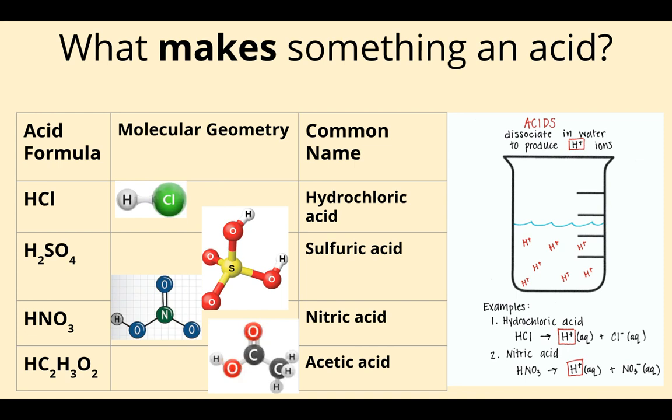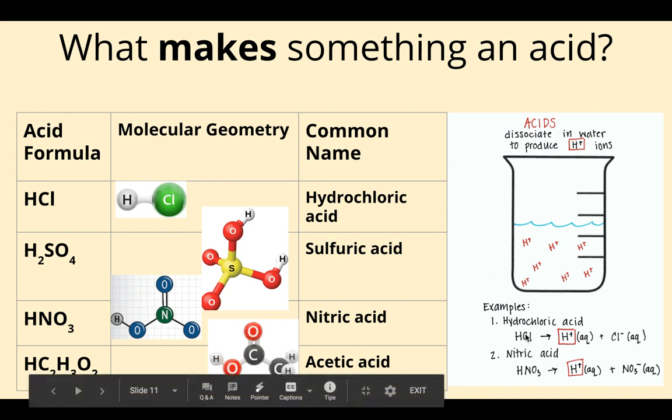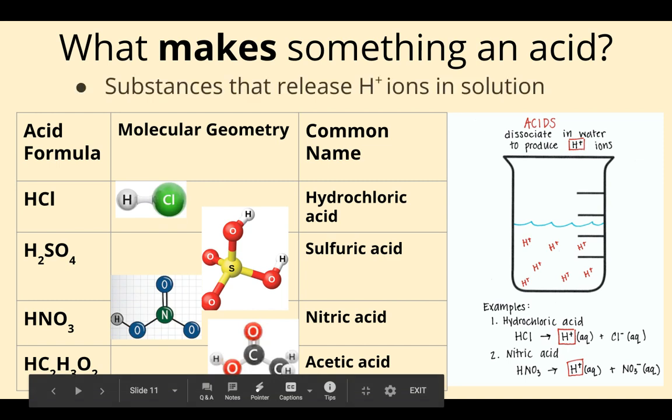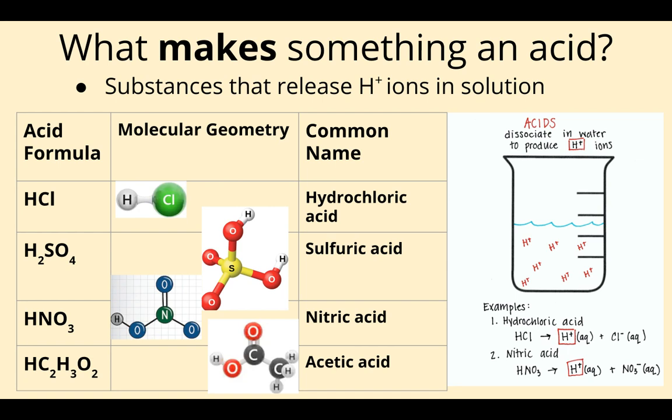Those are interchangeable, they mean the same thing. So when we put hydrochloric acid into water, it dissociates into H+ and Cl-, and the same for nitric acid, sulfuric acid, etc. So the definition for an acid is anything that releases hydrogen ions into an aqueous solution.